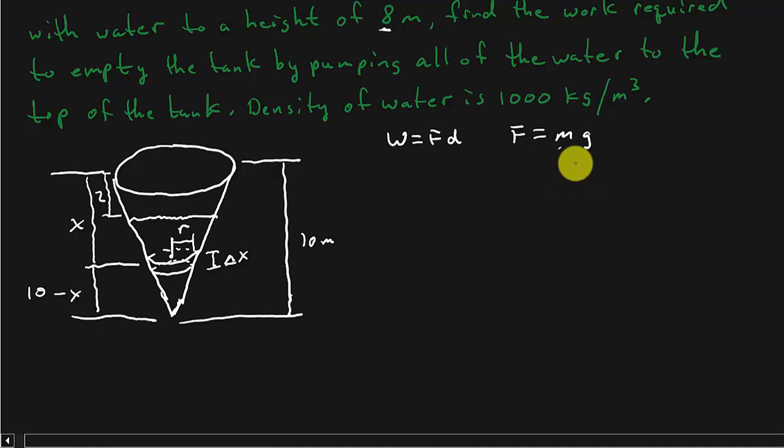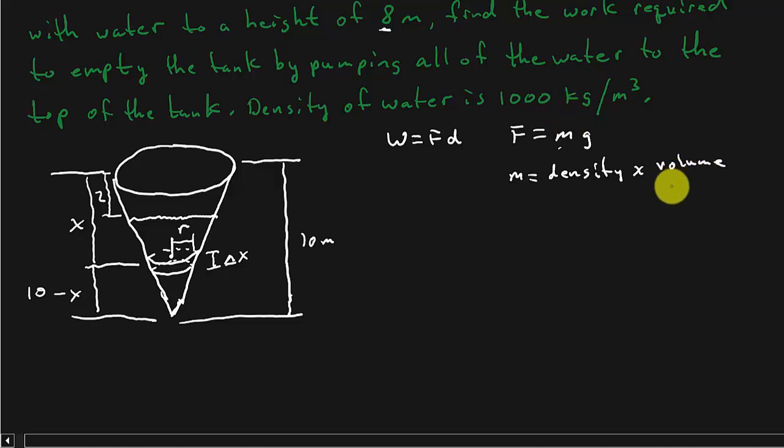Keep in mind, the mass is the density times the volume of the piece. That's going to give us the mass of it. So I know the density, that's 1,000 kilograms per cubic meter.